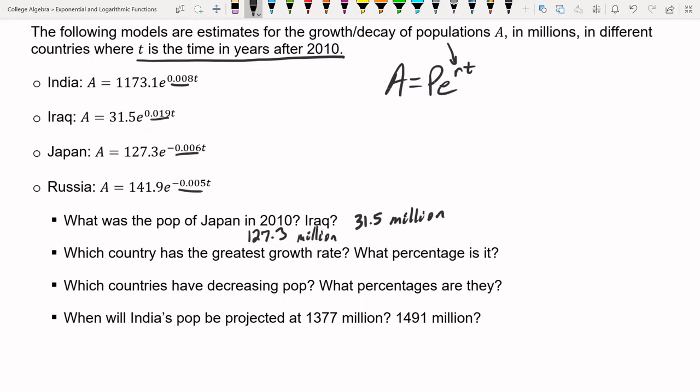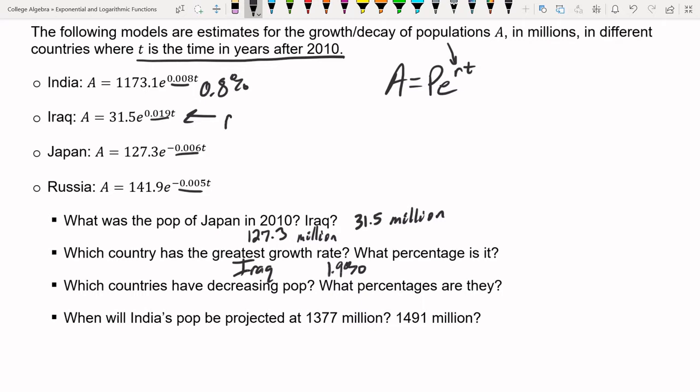Which country has the greatest growth rate? That's the highest number. It's Iraq. And what percentage is it? Well, it's 0.019 as a decimal number, so as a percentage it's 1.9%. India has 0.8%.